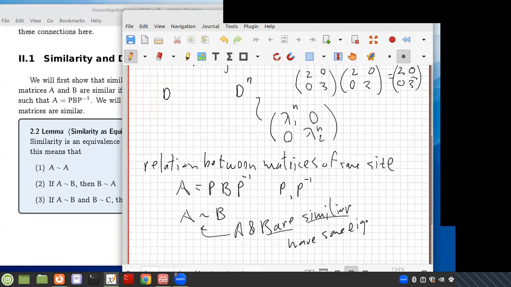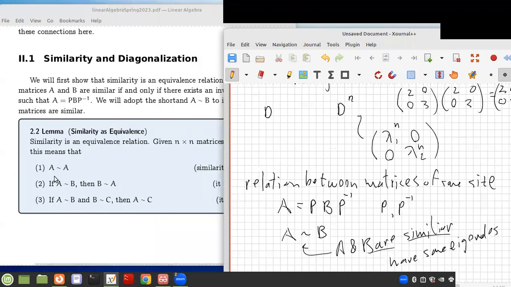So here's the idea. If for matrix A I could find a similar matrix B that was diagonal, then I'd be home free, because I'd have the diagonal matrix in there. There are some nice properties of similarity. A is similar to itself; you just use the identity matrix.